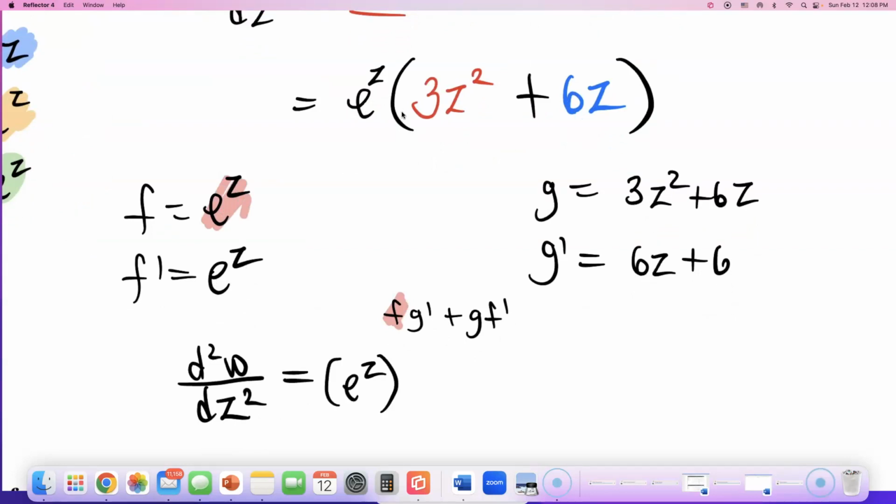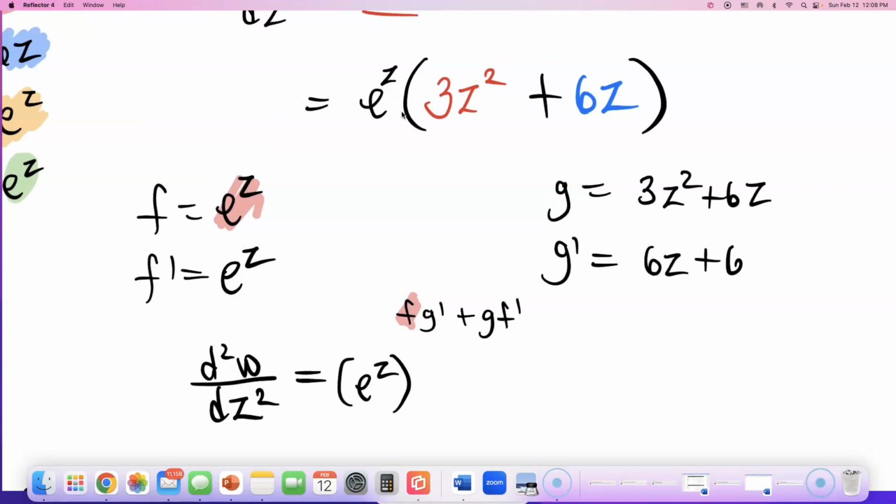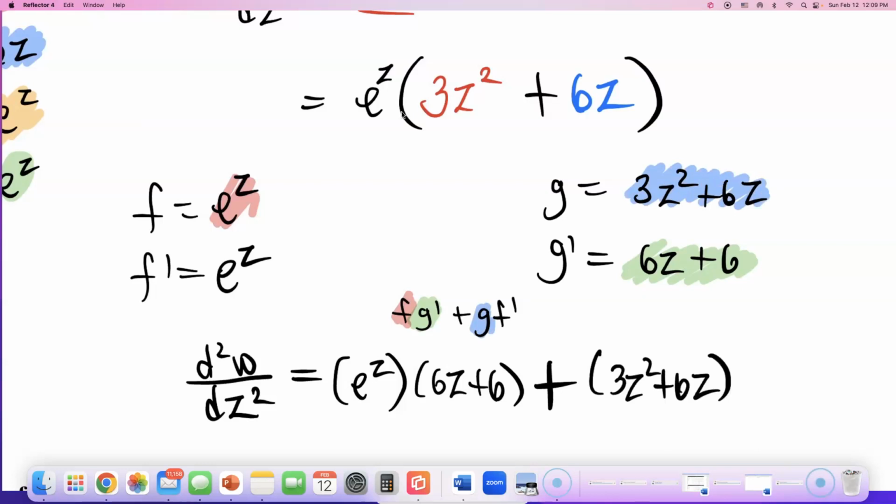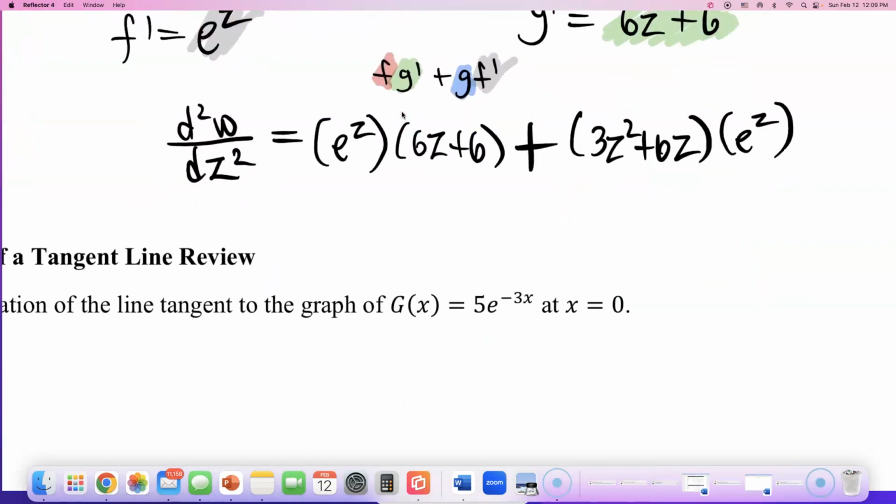And I'm multiplying this by the derivative of the second, that's what g prime is, 6z plus 6, added by, what's next? I'm sorry, it's just g. So that right there, 3z squared plus 6z, and let's multiply this by f prime, which is e to the z. I think we're done. We just have to simplify this now.